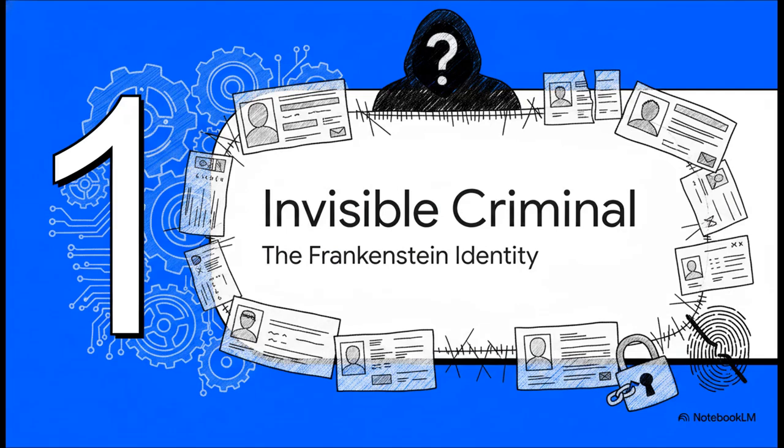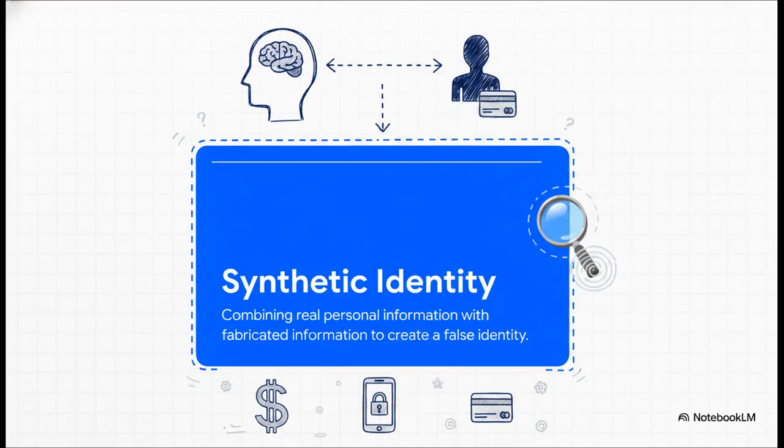Meet the invisible criminal, or as it's often called, the Frankenstein identity. You know, when we usually talk about traditional fraud, it almost always involves taking over an established account. But synthetic identity fraud flips that entire model upside down. At its core, this is a typology where criminals combine real personal information with completely fabricated details to create a totally false identity.